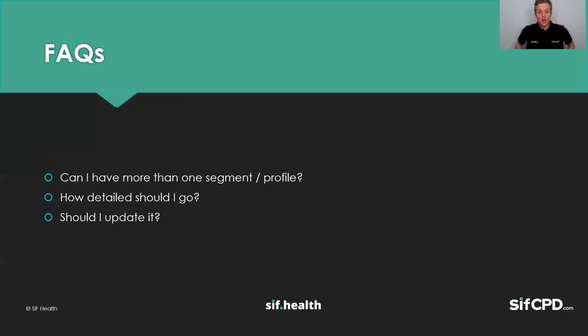Now, a few questions that we often have at this stage. So let's cover them off and preempt them. Can I have more than one customer avatar, segment, profile? Yeah, you can. We normally recommend that you match it to the value propositions. So we normally say no more than 3 to 5 value propositions, and therefore no more than 3 to 5 customer avatars.